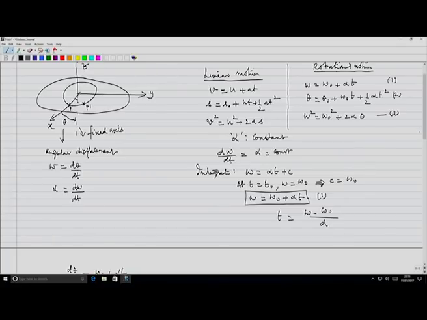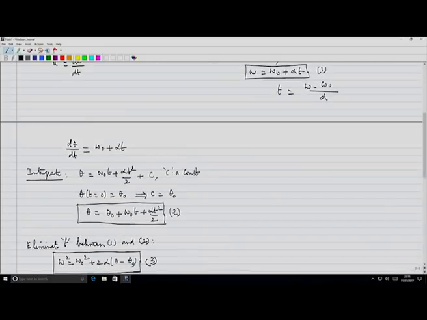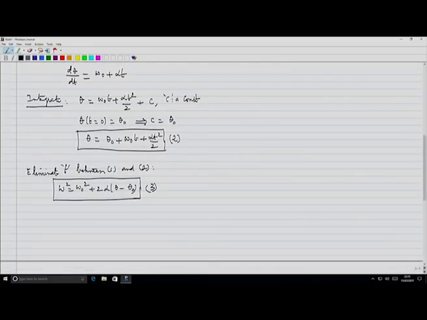You will only have 2 alpha theta. Of course, I can't say it does not matter. What we have is at time t equal to 0, theta is theta naught. In this particular equation 3, at time t equal to 0, theta naught is 0. That's all the difference. However, both these equations have the same spirit.